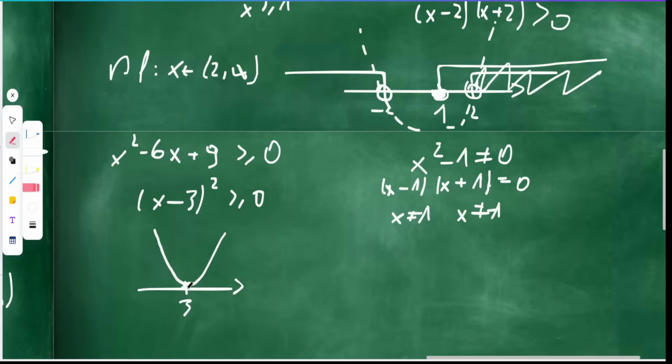And the vertex is at the point precisely 3, and we want all values which this function accepts, which are greater than 0. So all points belonging to the arms are above 0, so they belong. And the vertex which lies on the x-axis, which has a value equal to 0, also belongs. So only 1 and minus 1 do not belong to the domain of the function. We can write it: x belongs to all real numbers, but without previously excluded minus 1 and 1.